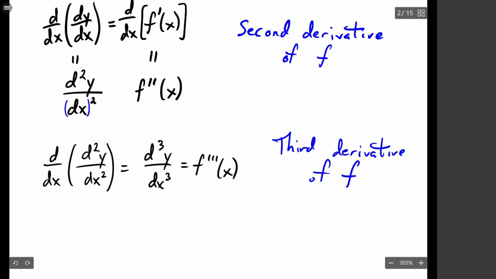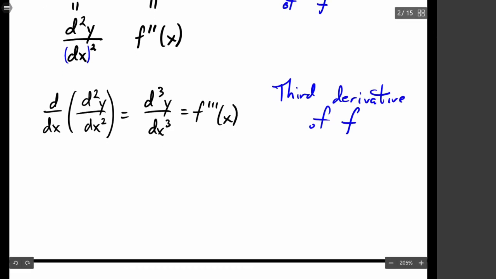And why stop there? The reason I want to do one more here is because the notation changes just a little bit. You could keep doing primes, but at some point it's going to get pretty ridiculous. You're going to have primes that stretch all the way across the page if you had like the 20th derivative. So what do we do? The fourth derivative we would write like this.